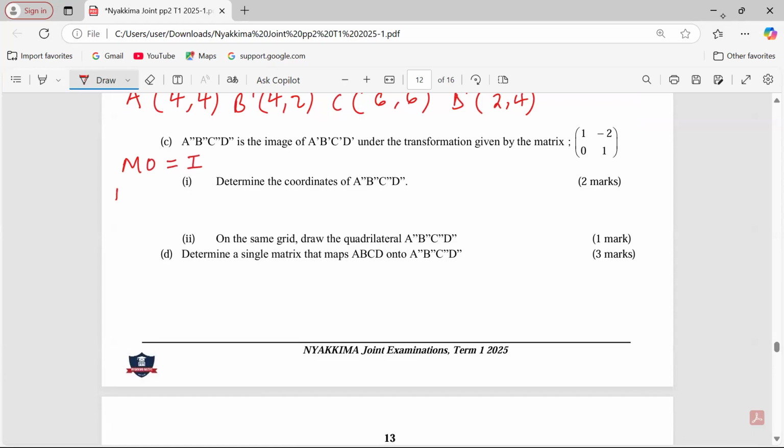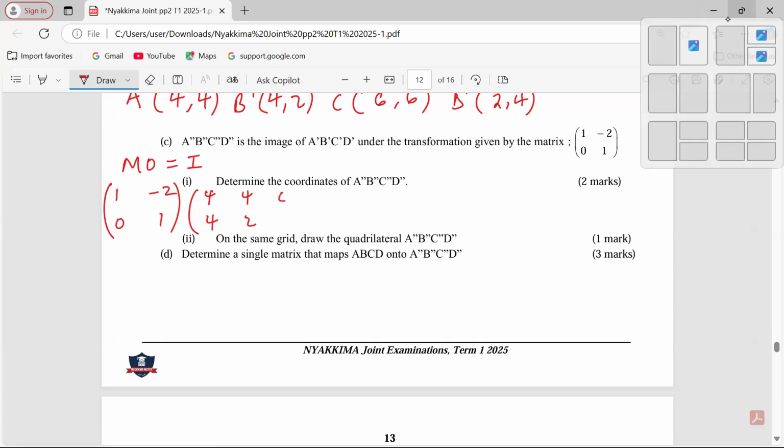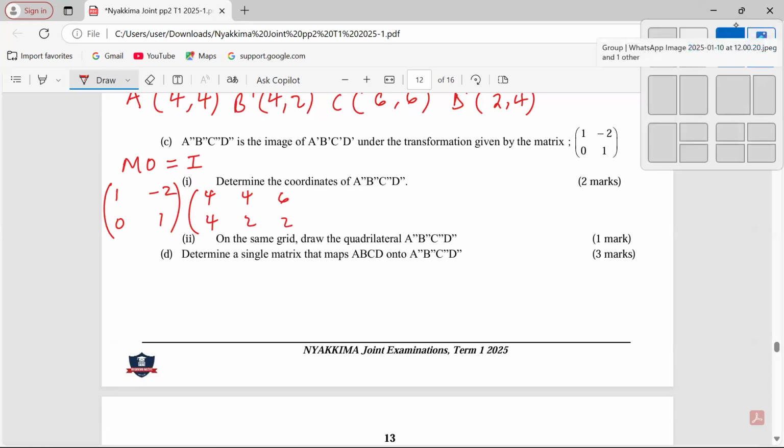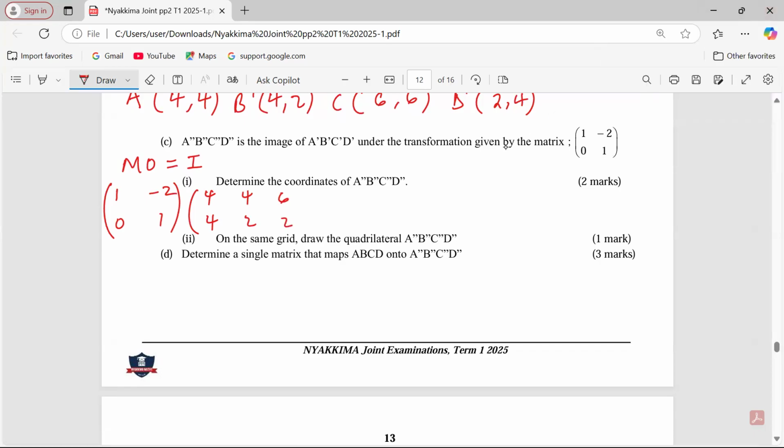Therefore, we write the matrix first. Then we multiply this by A, which is 4, 4, then B is 4, 2, then C is 6, 6, then D is 2, 4, so that we get the image.